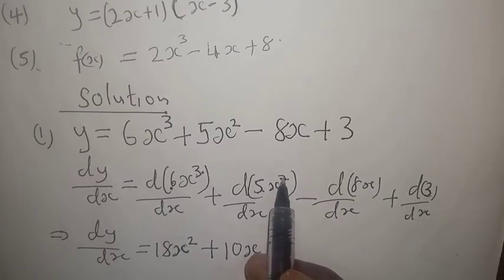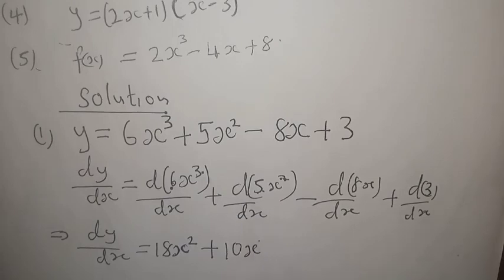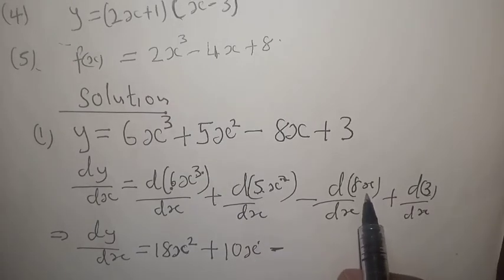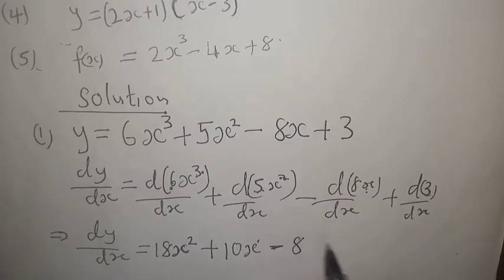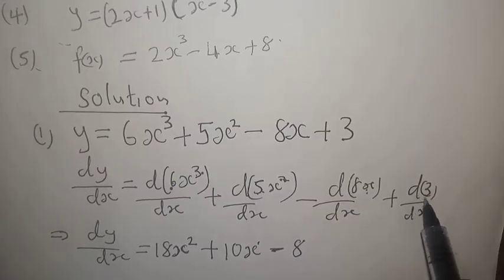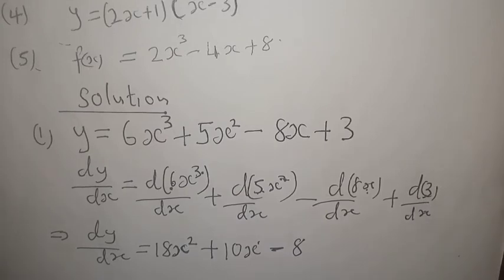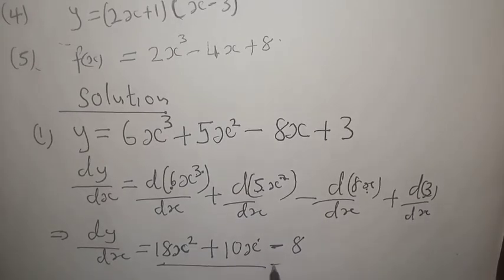If you subtract 1 from the 2, it will be 1. Then minus, this one is x. If you differentiate x, it will give you 1. And the derivative of 8x is 8 times 1, which is 8. Then if you differentiate a constant, you get 0. So that is the answer.